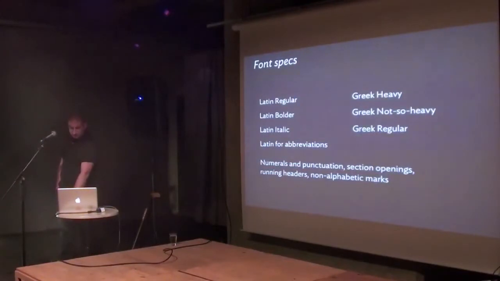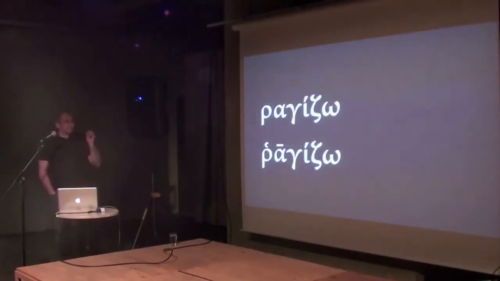Now, to give you an idea of some of the problems, the top line is standard modern Greek, which is monotonic, has a single accent over vowels. Polytonic Greek has up to 5 different combinations, 6 different combinations of diacritics. But the kind of Greek that you will find in the dictionary would also have 2 additional markers like the bar there that would show you whether a vowel is long or short.